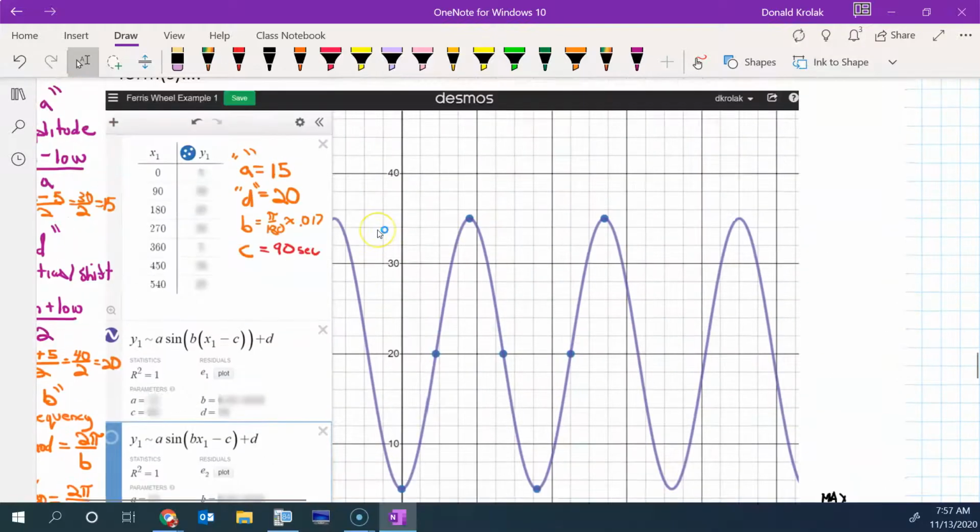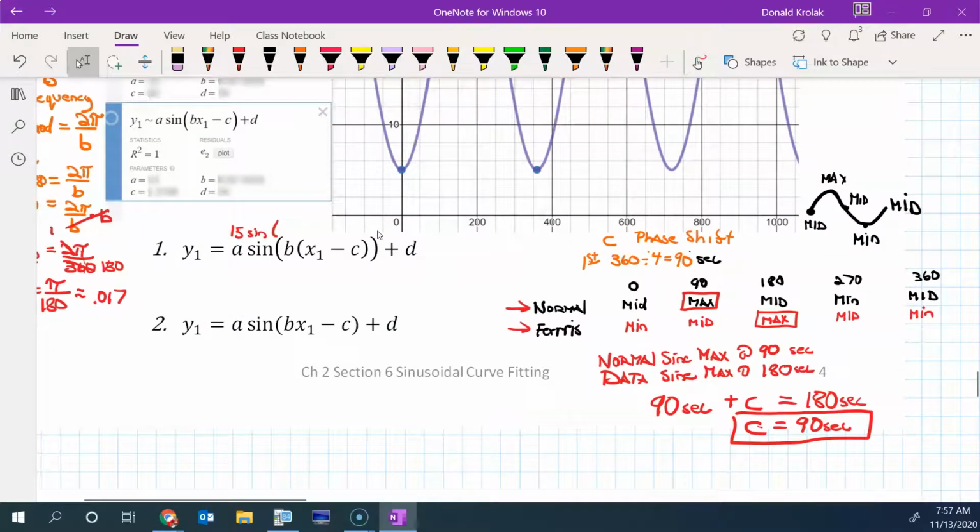Our B value was pi over 180, so I'm just going to write it as pi over 180 for now. X, I had to go 90 seconds to the right, so this is going to be minus 90. And my vertical shift was 20. And we just came up with the equation.